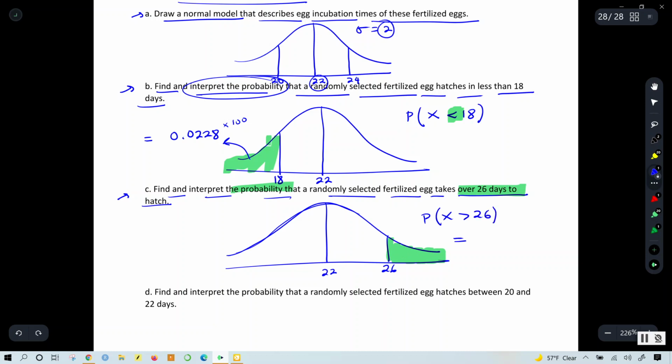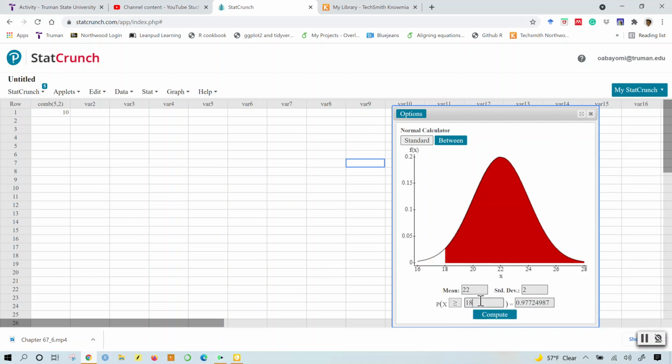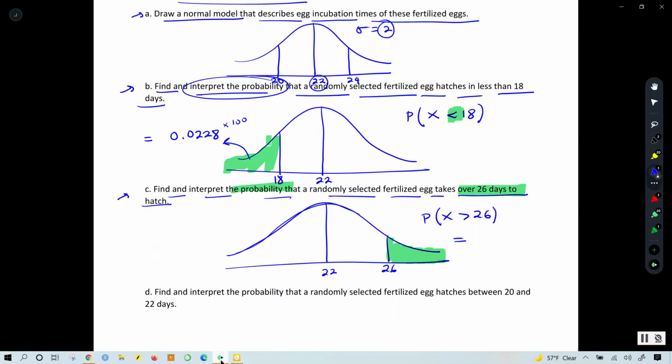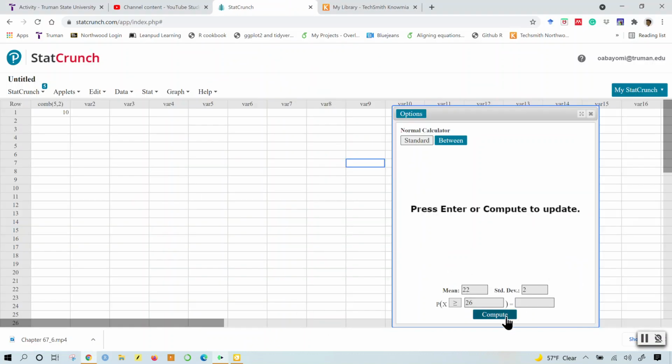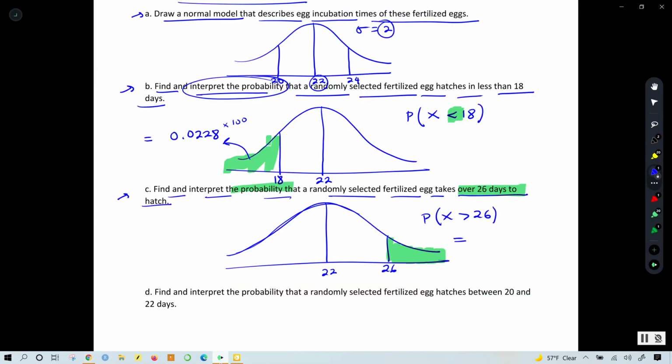Let us see what that probability would be. So I will go back to StatCrunch. I'll reset this to greater than or equal to 26, and I'm going to compute. That is 0.0228 again.